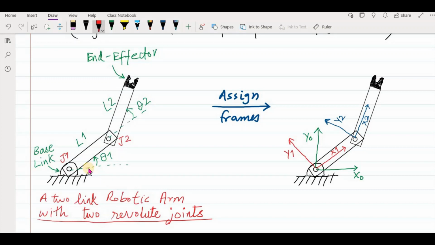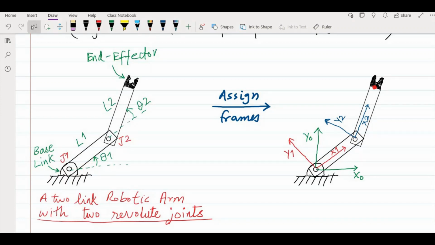So let's say the point is here. We are interested in finding the position and orientation of this point with respect to this reference frame x0 and y0.